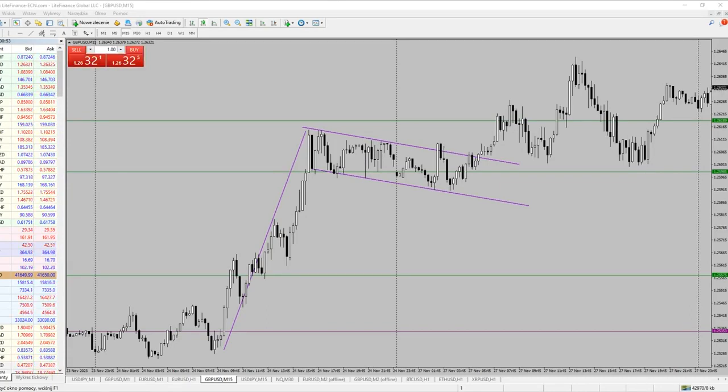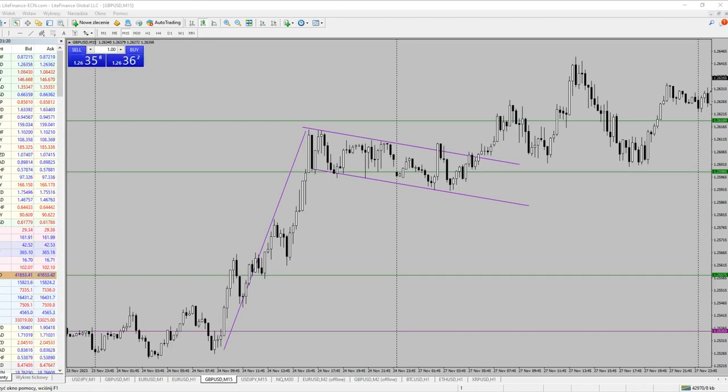Alright, flag trading is a technical analysis strategy used by traders to identify potential trend continuation. Sometimes it could be the reversal patterns when it comes to the financial markets. Flags are chart patterns that can indicate a temporary consolidation or pause in the prevailing trend before the price resumes the previous direction.